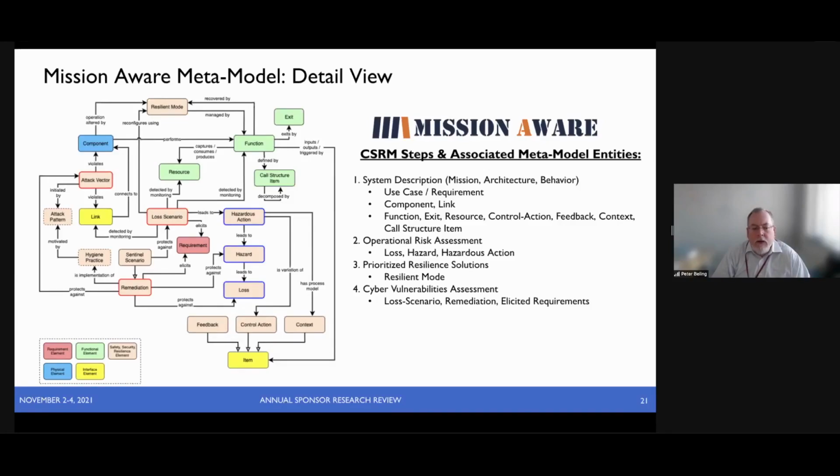If you want to see the roles of the three different teams, the red team and the blue team are really highlighted, because the systems engineers are, of course, engaged in building all of this. You can see the red team and the role that they're playing, and that some of those tan boxes are outlined in red, and others are outlined in blue. So we're asking the blue team to help us identify what are the hazardous actions, hazards, and losses that should be of concern.